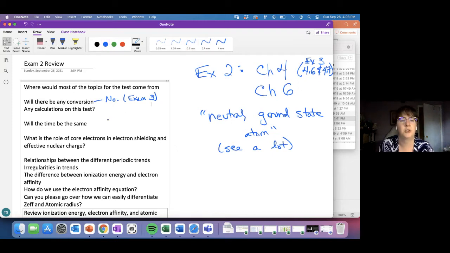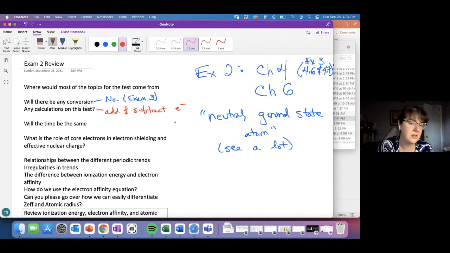Exam 2 traditionally doesn't have a lot of math. As far as any calculations, and I know some people will tell me that this doesn't count, which is fine, but you do need to be able to add and subtract electrons. I mostly say this because if y'all ever watch me do Lewis structures, I usually do them with a calculator, because when I'm put on the spot, if you make me subtract like 32 minus 4, there's a chance I'll get it wrong if I do it in my head.